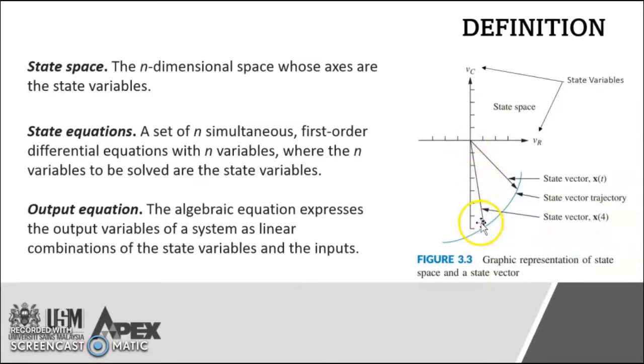So this is called a state vector where I have the coordinates. These coordinates are defined by the state variables. So all of this is the state space. This is a graphic representation of a state space and a state vector. So in a state vector, you will find the state variables.